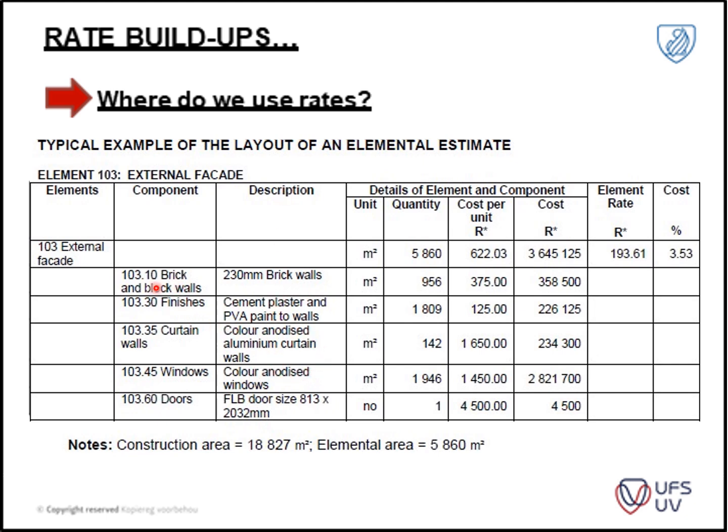For brick and block walls, if it's a 230 brick wall, you will have one here. If you've got a 110 millimeter wall, you will have that underneath, still 103.10.